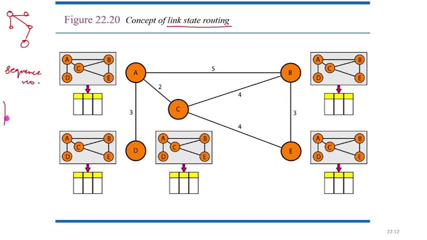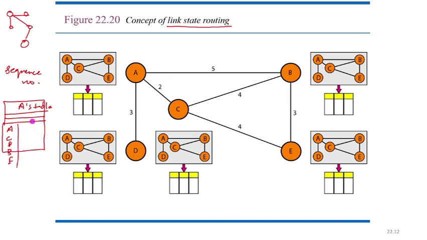So in this link state routing table, suppose we are thinking about A as the router. For A's table, it will have two more pieces of information along with the destination, like A, then C, D, or B, and E.